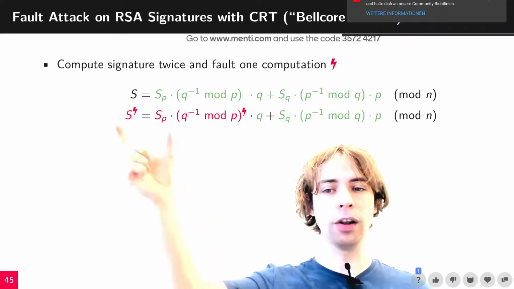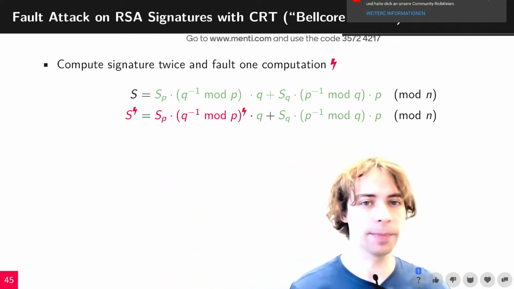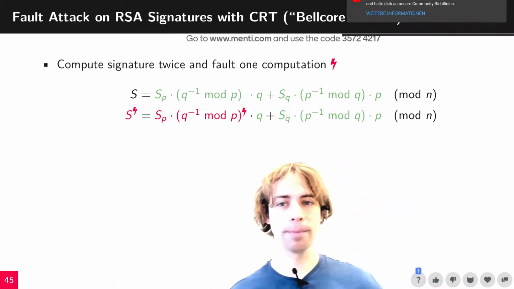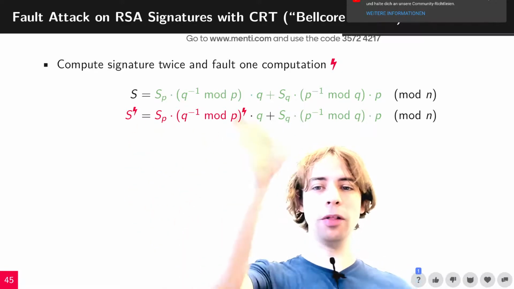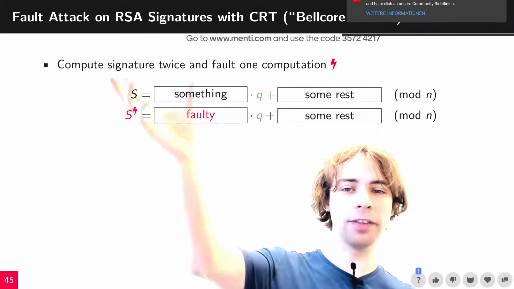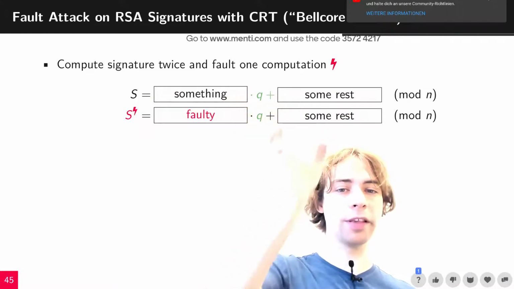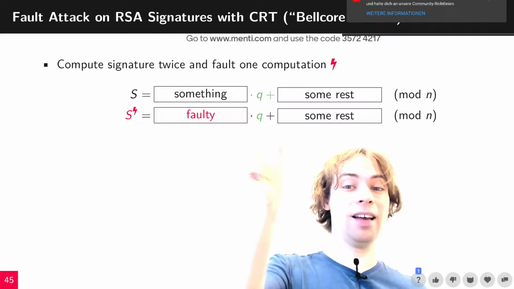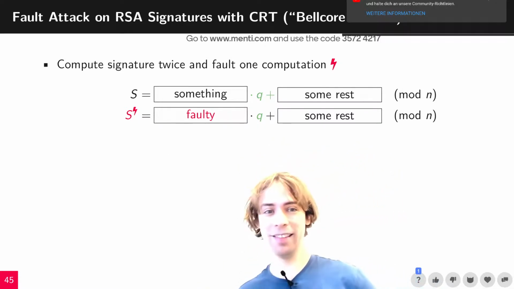So if we fault one of these signature processes, we don't really need to know how all the math behind it works. So we just replace this now with something times Q plus some rest, and something else, something faulty, times Q plus some rest.